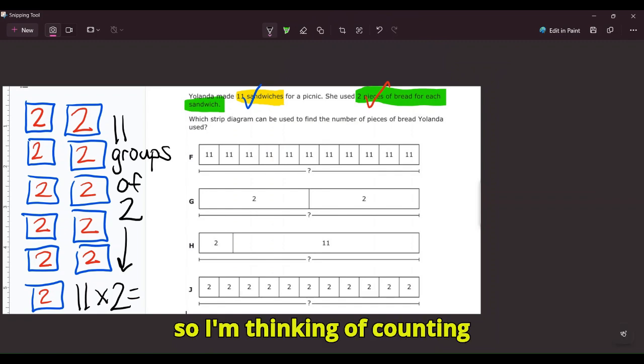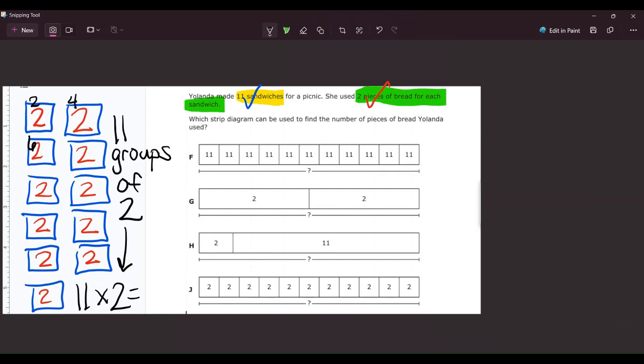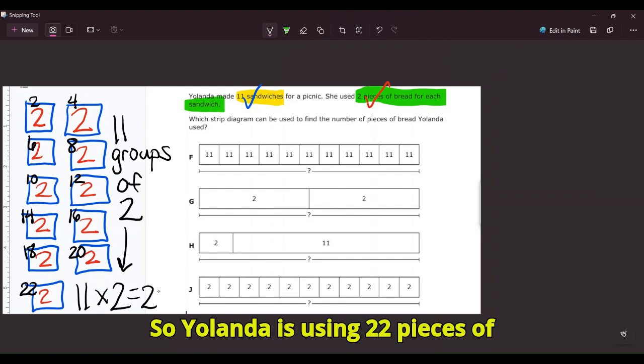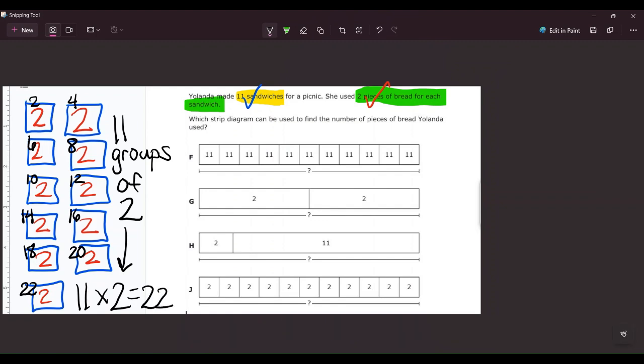So I'm thinking of counting by twos 11 times. That would be 2, 4, 6, 8, 10, 12, 14, 16, 18, 20, 22. So Yolanda is using 22 pieces of bread.